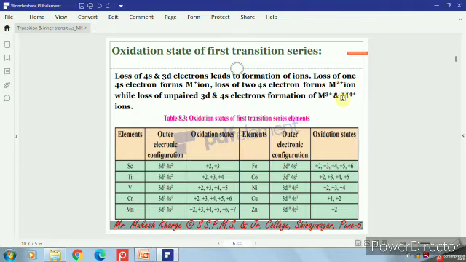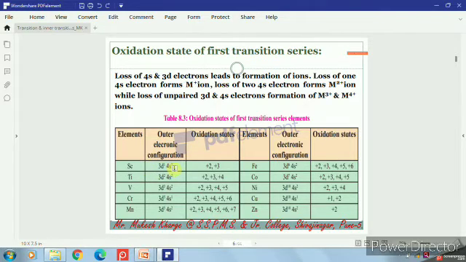So let us see the elements and the respective cations with loss of one or more electrons from the 4s and 3d orbitals. Element, outer electronic configuration, oxidation state. First, scandium contains 2 electrons in the 4s orbital and 1 electron in the 3d orbital.